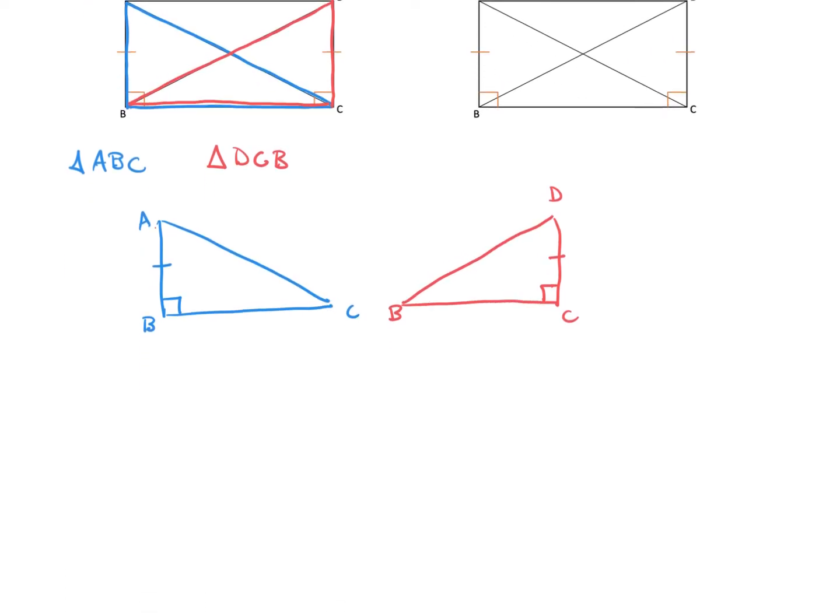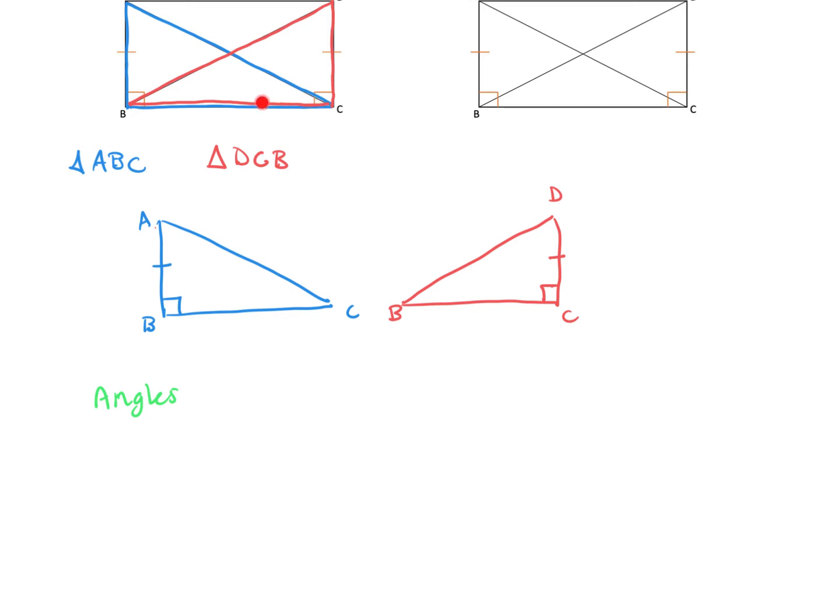So there are 6 sets of corresponding parts. Why don't we start with the angles? Oh, even before we do that, do we have congruent triangles? We have a side congruent to a side over here. We have a right angle and a right angle. We know from our right angle theorem, two right angles will be congruent, so we have congruent angles.